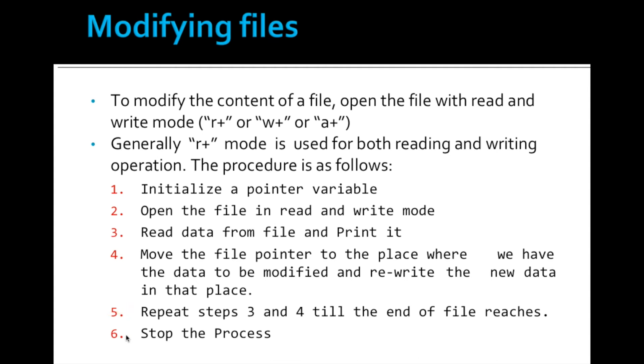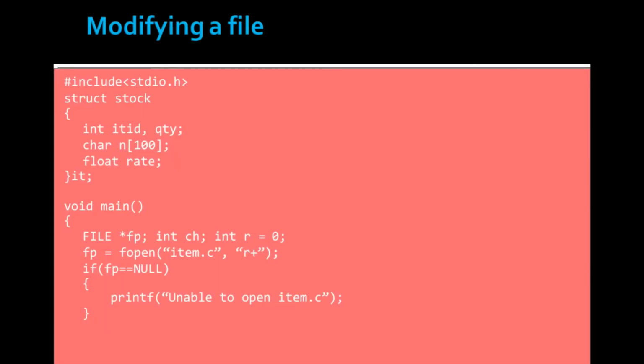In order to do that, we need the fread and fwrite functions, and we are going to modify data that we have stored. For example, consider we have one structure in which we have item ID, quantity, character name and one price. Approximately what is the size of this structure?